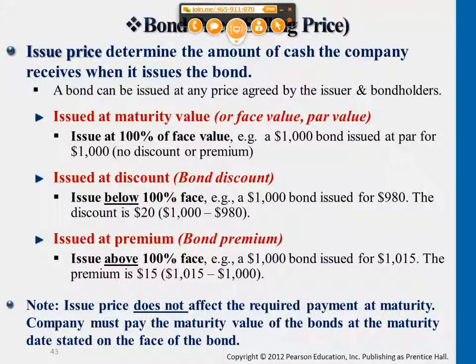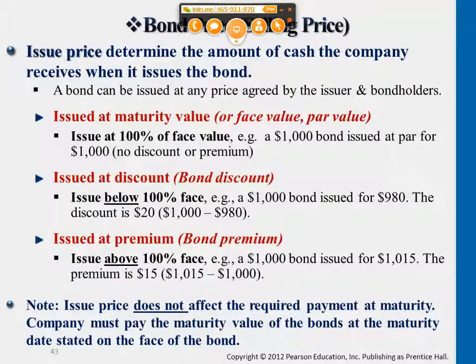The $20 difference is what we call the discount on a bond. This discount represents that the company is not able to get the face value of the bond, even though they're issuing it to the creditor, meaning later on they have to pay 1,000 back. But at this moment when they issue the bond, they're not actually borrowing $1,000. They are only able to borrow a dollar amount less than 1,000. This is called a discount on a bond.